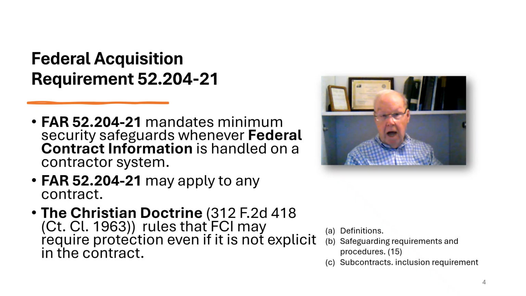The Christian doctrine back in 1963, a court case, ruled that even if it's not mentioned, you have to protect it. There are 15 protections that are required by 52.204-21, and subcontracts must also follow the requirements put on FCI.